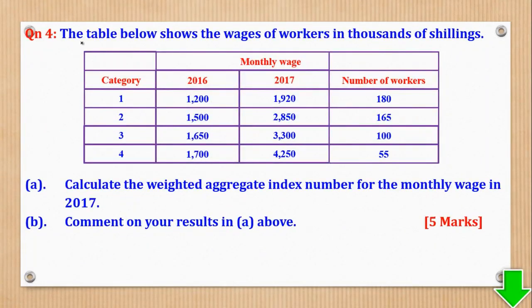Then question 4 says, the table below shows the wages of workers in thousands of shillings. Part A, calculate the weighted aggregate index number for the monthly wage in 2017 and comment on your result. They want the weighted aggregate index number in 2017, which means that 2016 is the base year.